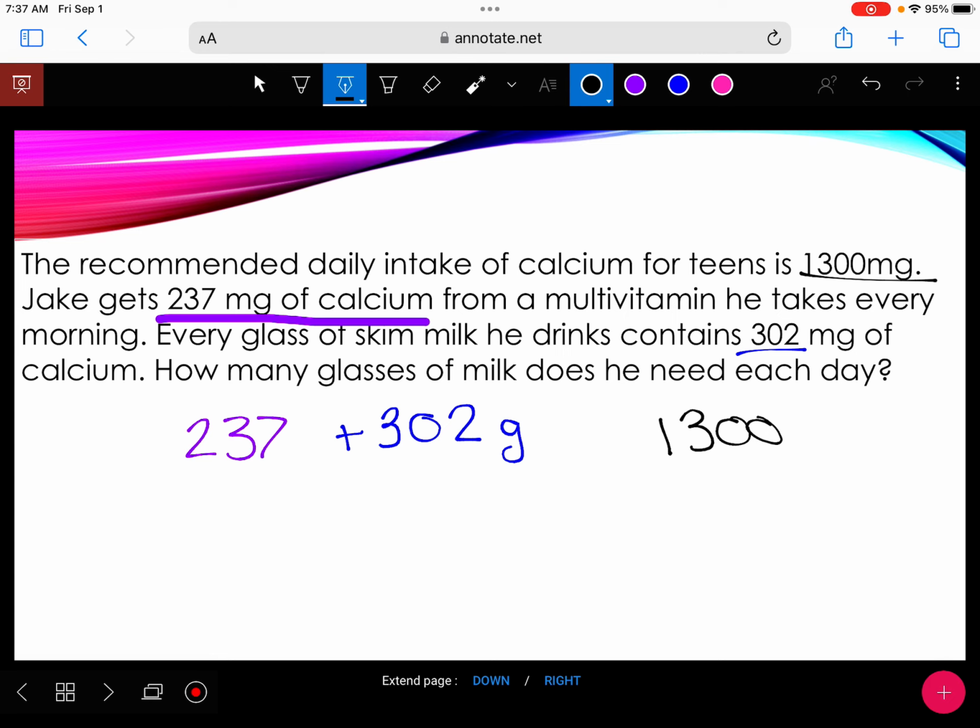Because it's okay if he has more calcium. It's okay if he goes over. As long as it's not like the daily intake of like arsenic or whatever. It can be bigger. I would like the alligator to eat more calcium. Could it equal exactly 1,300? Would that meet his requirements? Yeah.